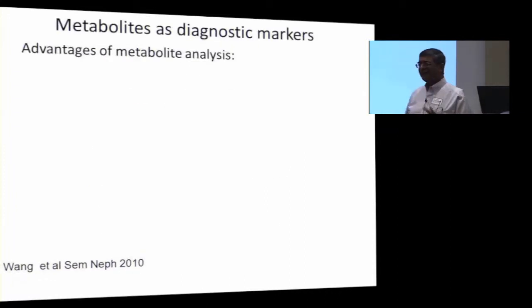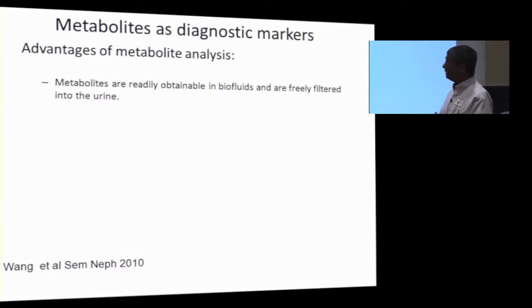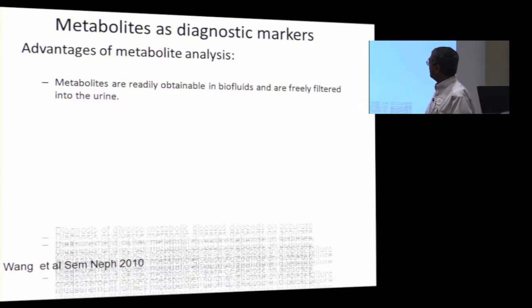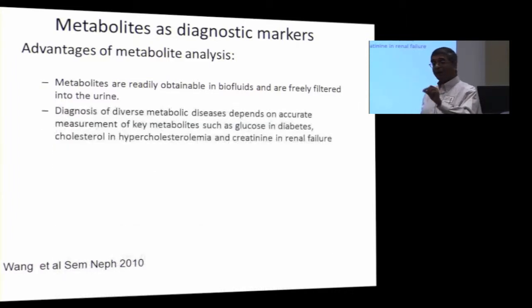So what are the advantages of metabolite analysis? First thing is metabolites are readily obtainable in biofluids and freely filtered in urine and plasma. So you can measure this in people and animals and cells and whatnot. Now, we currently use metabolomics, as Chuck was briefly pointing out, for accurate diagnosis of many diseases.